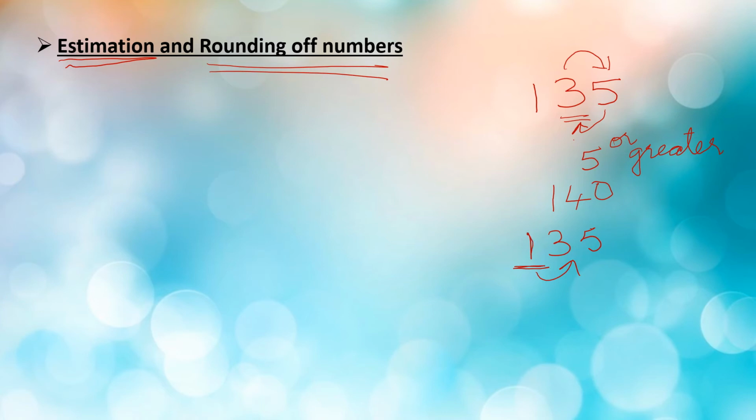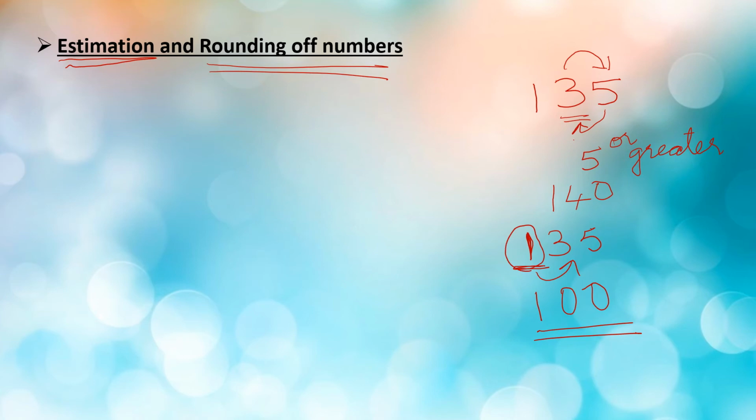The number in the hundreds place remains as it is. There won't be any change for that digit. So you will write 1 and the remaining digits will become 0. Okay. So you will round 135 to 100 if you are asked to round to the nearest 100. Understood?